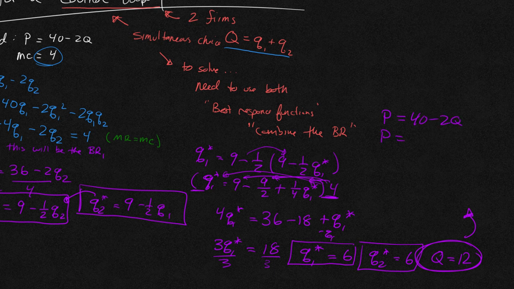But if Q is equal to 12, 40 minus 2 times 12, P is equal to 40 minus 24, so P is going to equal 16. So there you have it. For the Cournot Duopoly, we solved out quantity, plugged it back into our demand, so we got our price. So we know the market price and quantity for this Cournot Duopoly.